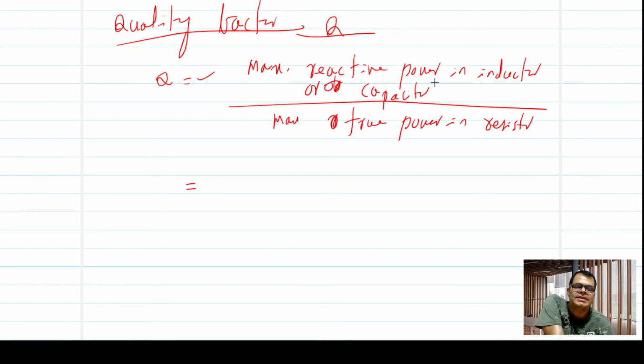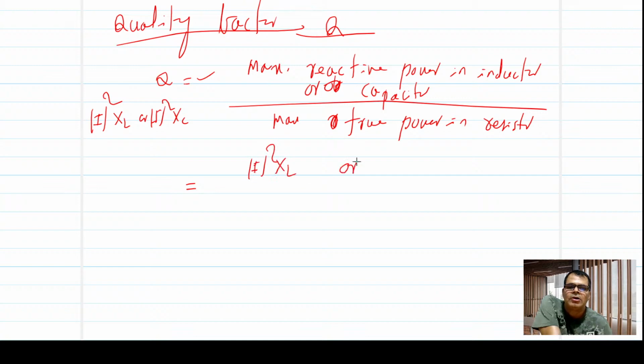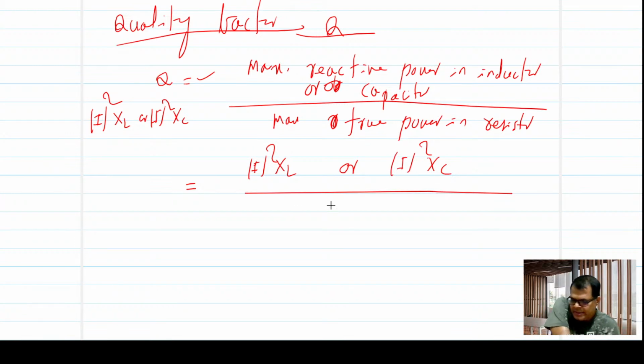So maximum reactive power. Can anyone say how you find the reactive power? Already I have told you, magnitude of I square into XL or magnitude of I square into XC, because current is the RMS value. So for inductor, I square XL, for capacitor I square XC, upon maximum true power in resistors.